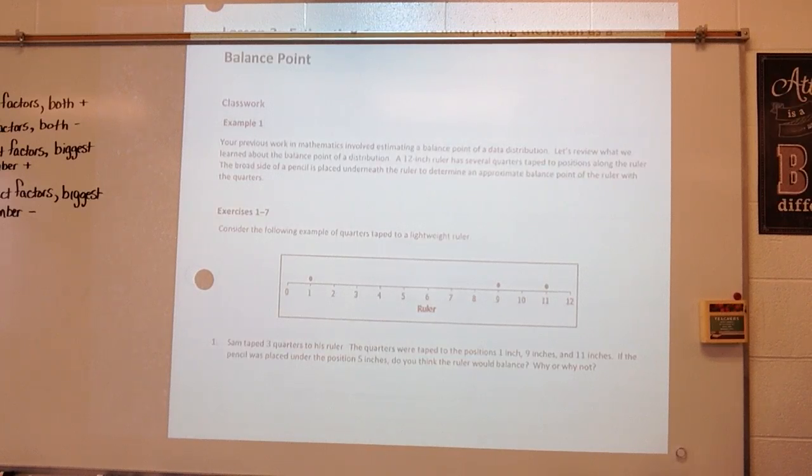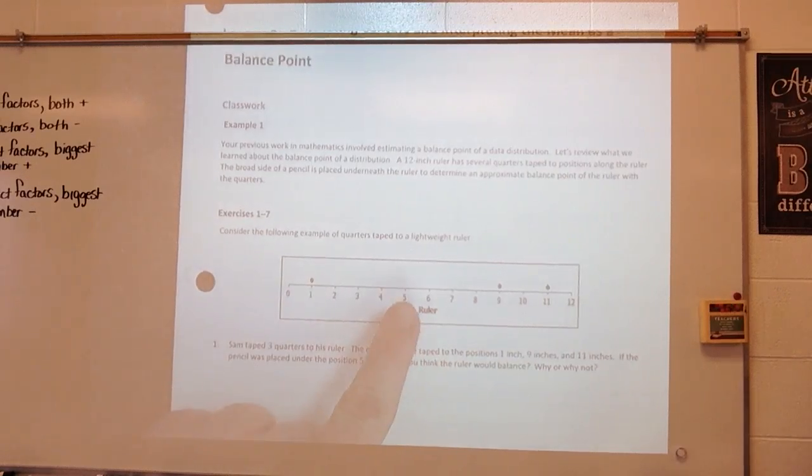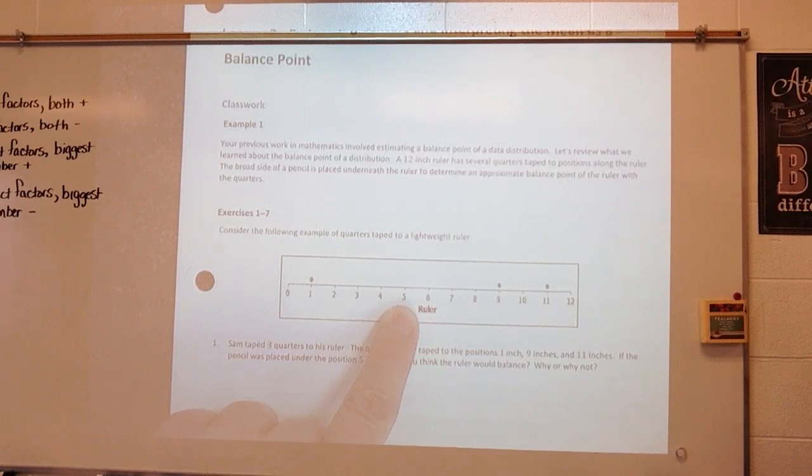Alright, so let's look at this. It says Sam taped 3 quarters to his ruler. The quarters were taped at the positions 1 inch, 9 inches, and 11 inches. If the pencil was placed under the position 5 inches, do you think the ruler would balance? Why or why not? If I place the pencil here at the 5, do you think it would balance? I don't think that it would balance.